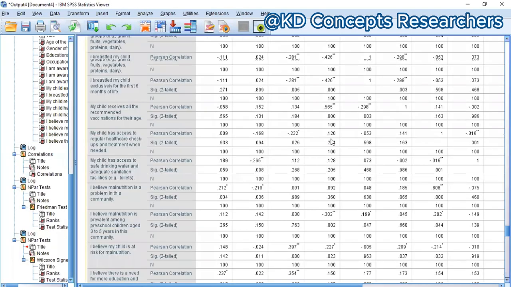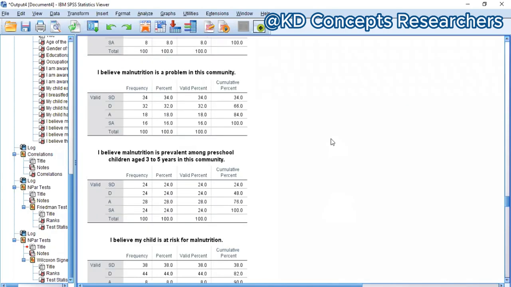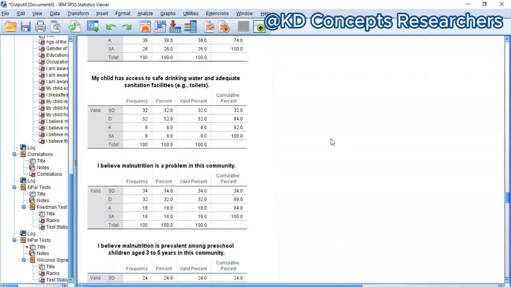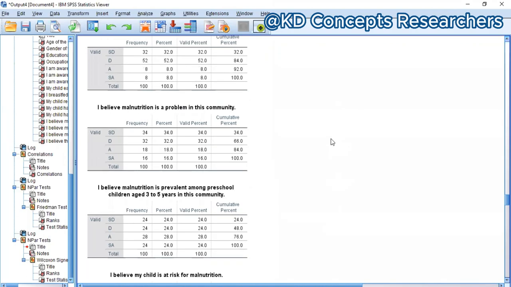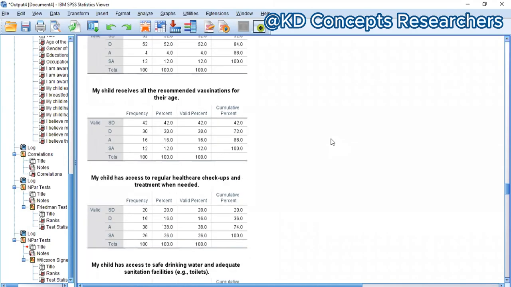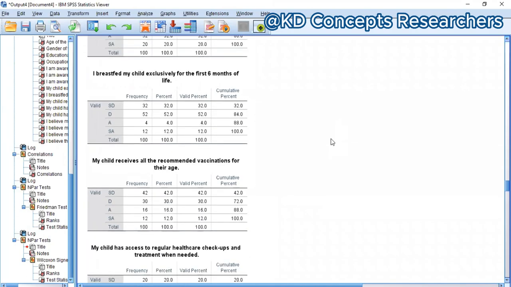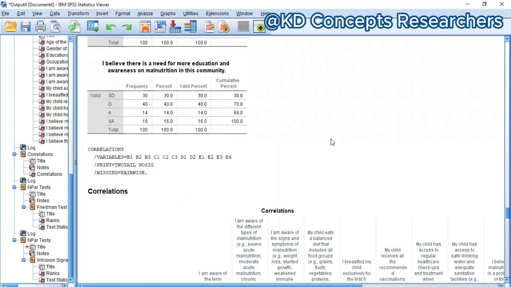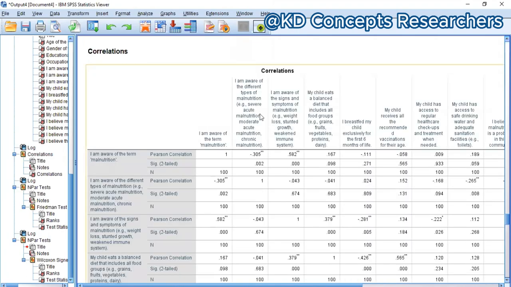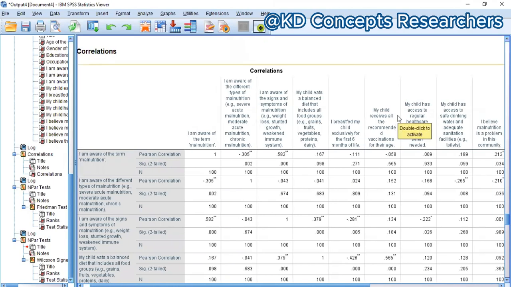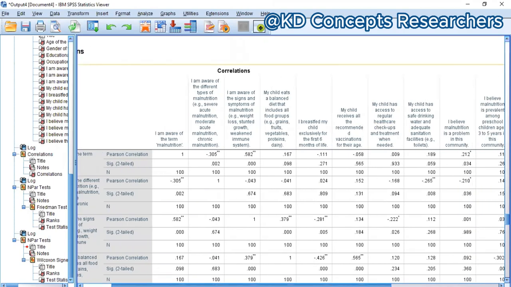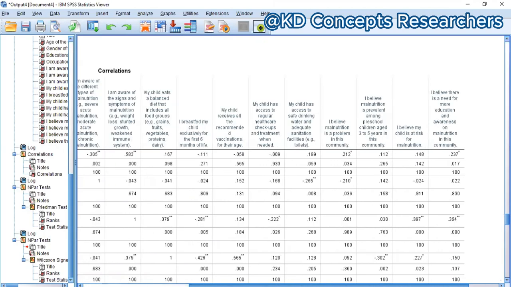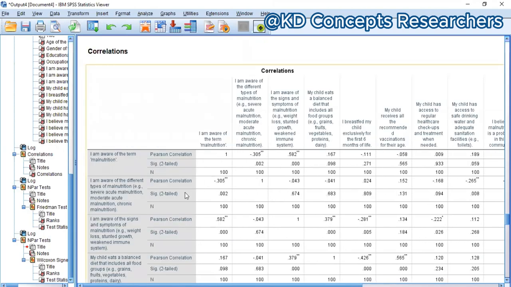Firstly, we were able to get our descriptive statistics and also check for frequency and percentage, the frequencies of how each question was answered. Then after that, we are able to get the correlation between section B up to section E, how each question correlates with the other questions.